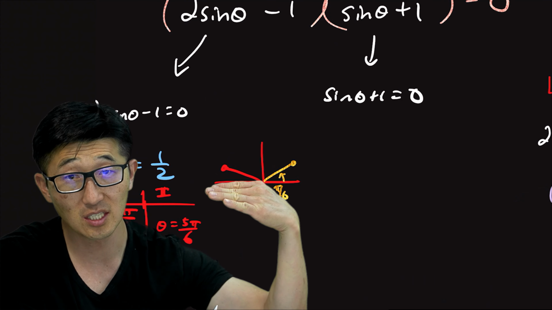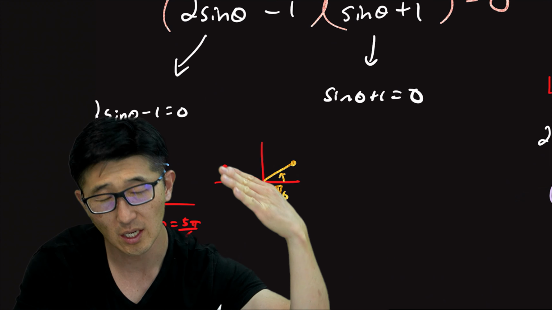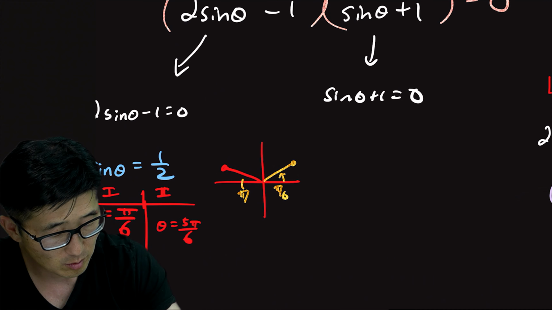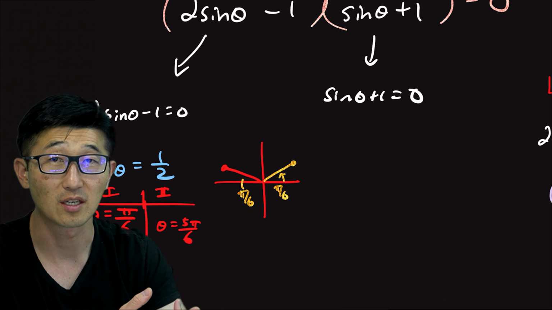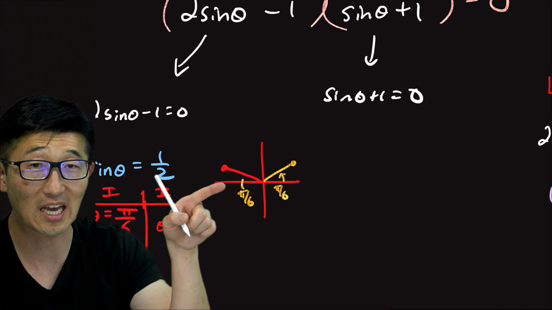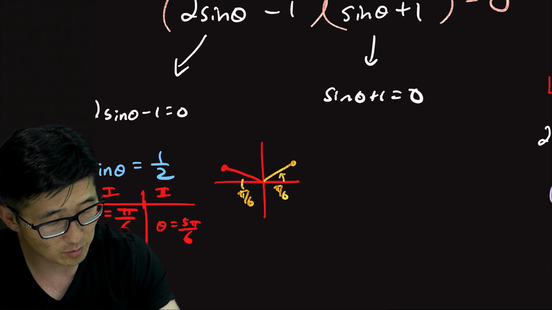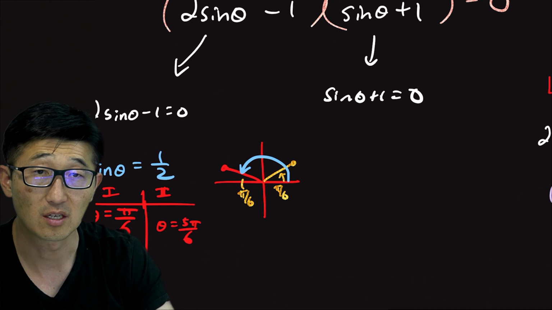But on this side, you have to kind of angle it this way. So this little space right here is also pi over 6. But we have to count this angle counterclockwise from the origin. So if you go from here to here, it's 5 pi over 6.